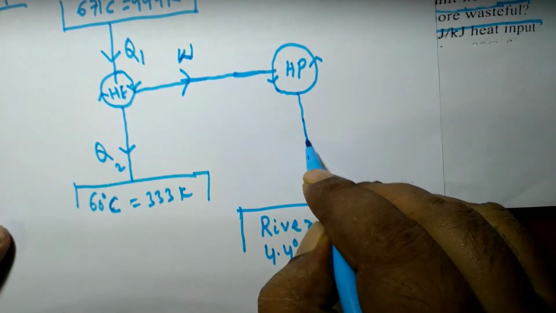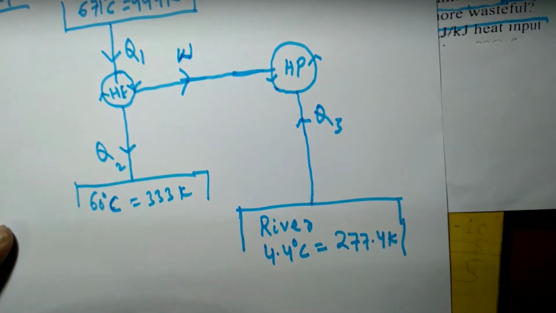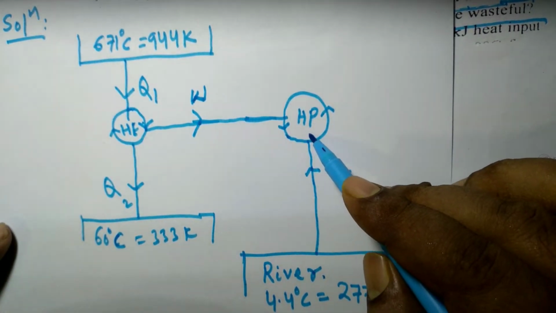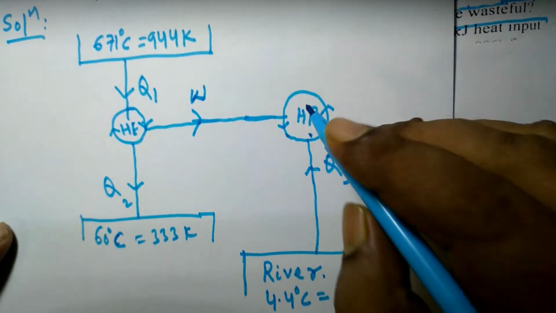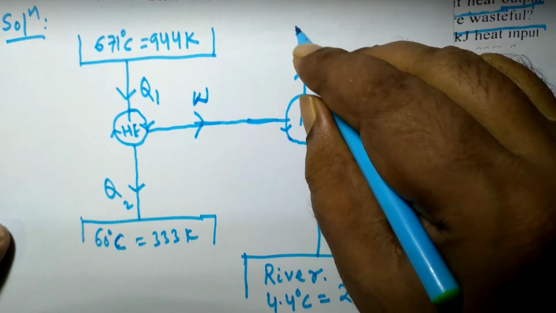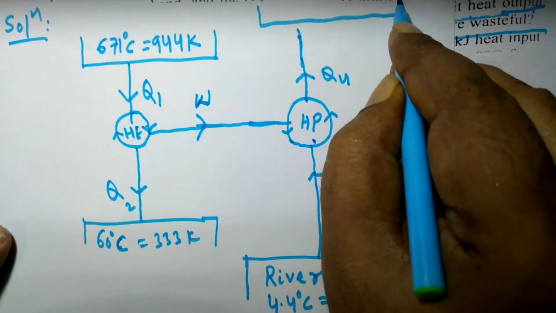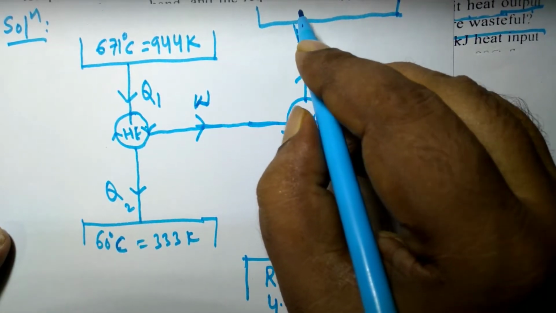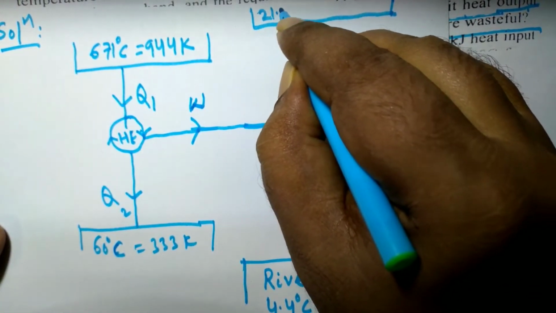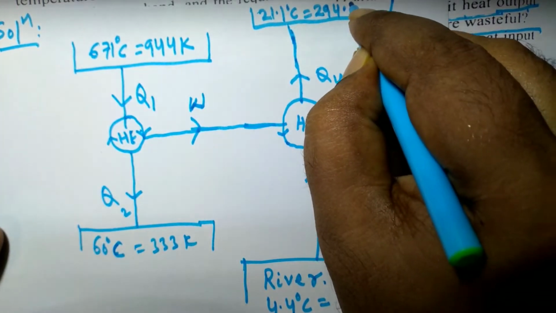Let this heat be Q3. This heat that goes from the river to the working fluid of the heat pump is Q3, and suppose Q4 is the heat that goes to the high temperature reservoir, that is 21.1 degrees Celsius, that is 294.1 Kelvin.